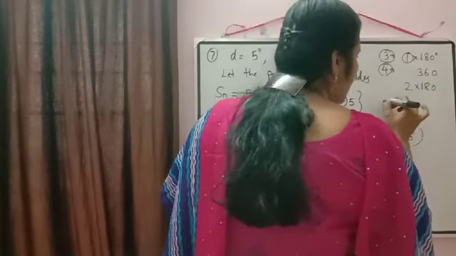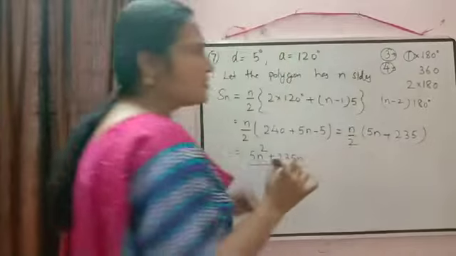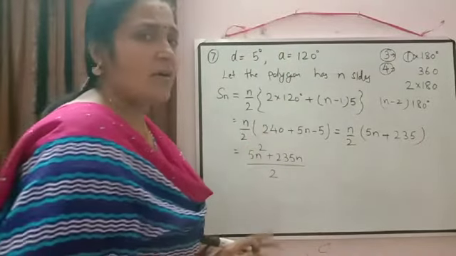So if a polygon has n sides, the sum of all the angles will be equal to n minus 2 into 180 degrees. This is the formula.